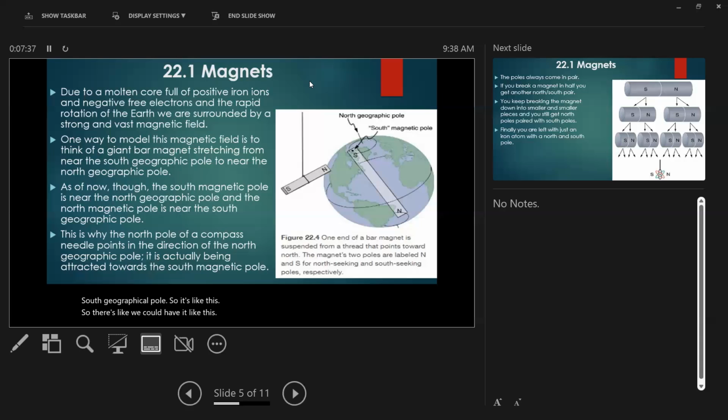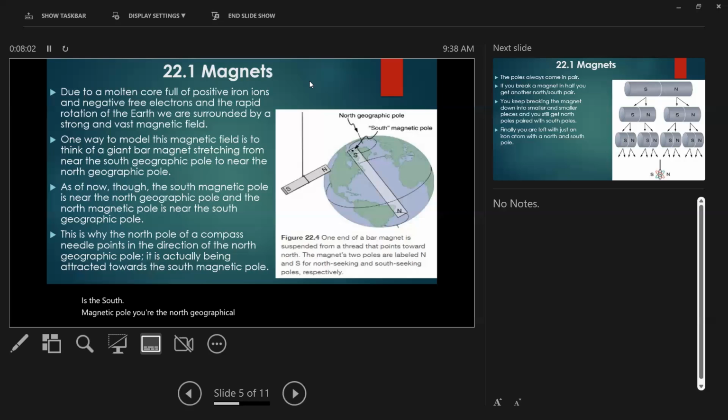This is the north magnetic pole. And up here is the south magnetic pole near the north geographical pole.